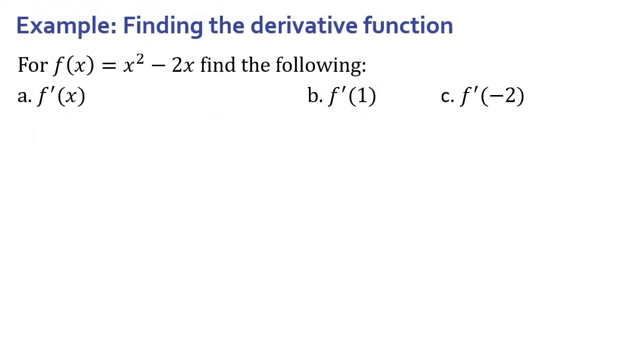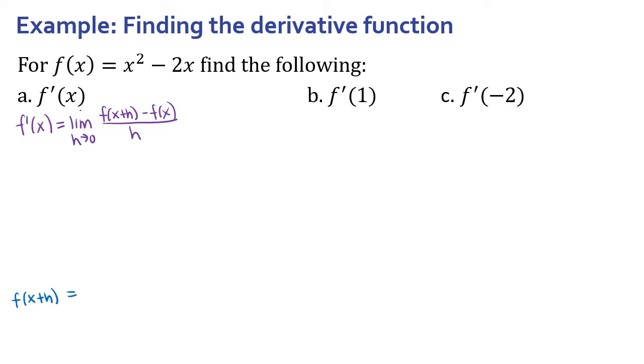Okay, so for f(x) = x² - 2x, find the following. f'(x). We'll use the formula we just learned, the limit as h approaches 0 of (f(x+h) - f(x))/h. I always do these as little side notes so I don't get too much stuff in one spot.